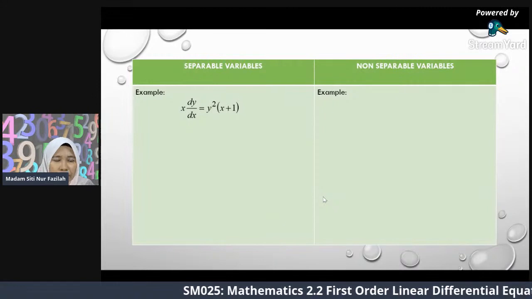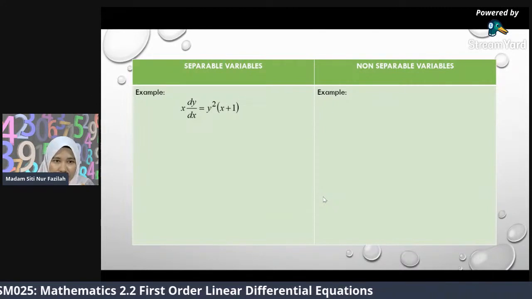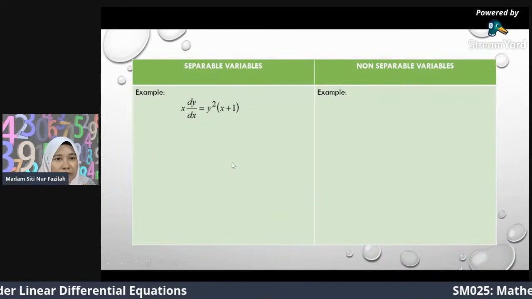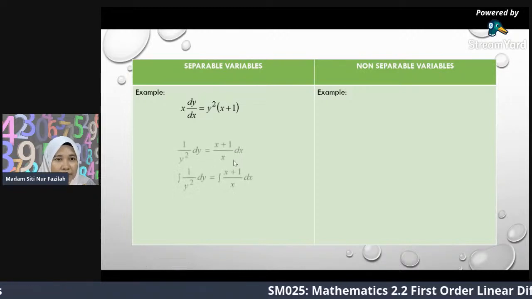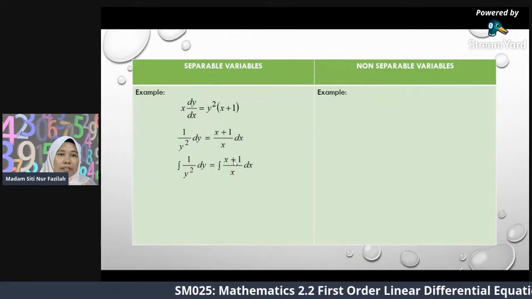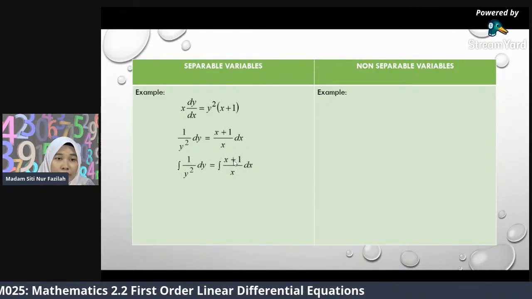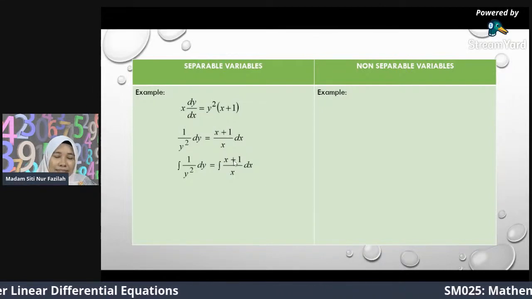To separate, we divide by x on both sides and divide by y square on both sides. Then we get 1 over y square dy equal to x plus 1 over x dx.